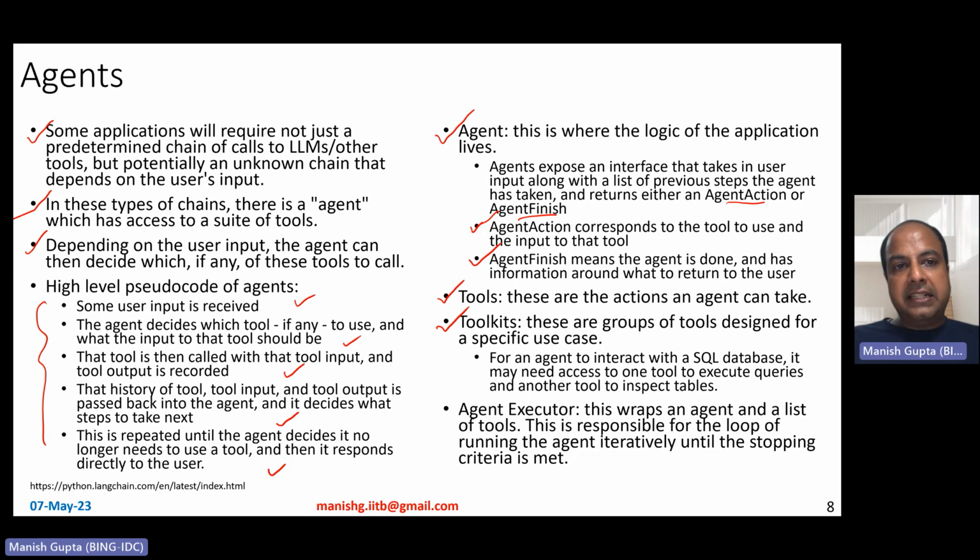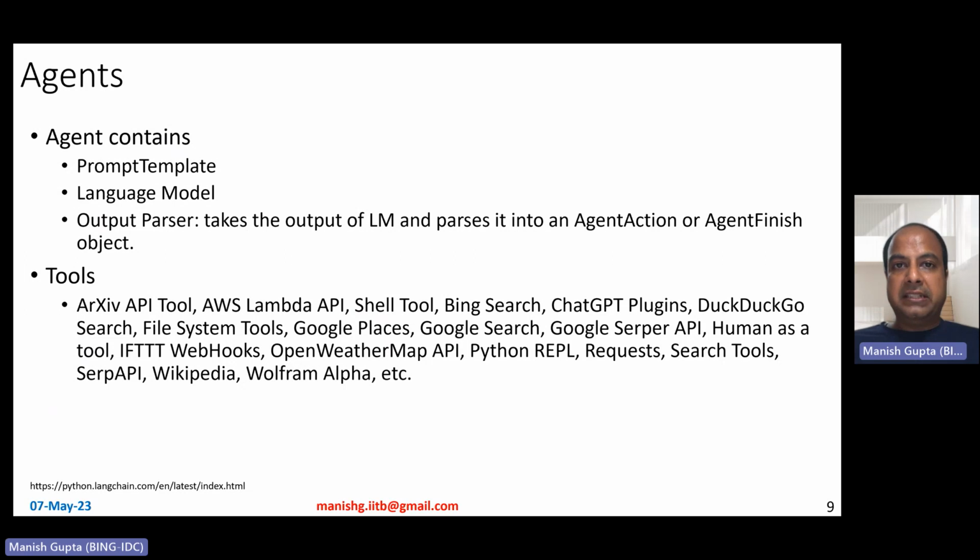And then, yet another part of the agent framework is the agent executor. This basically wraps an agent and a list of tools, and it is responsible for the loop that we've been talking about, running the agent iteratively until agent finish is returned by the agent. Okay. So what is an agent in general from a programming paradigm perspective?